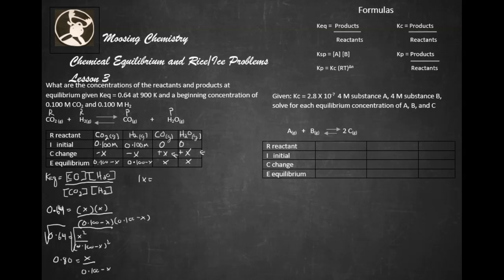So this is going to become 0.100 times 0.80 minus 0.80x, and x equals... so this is going to give me 1.0x plus 0.80x equals 0.080.